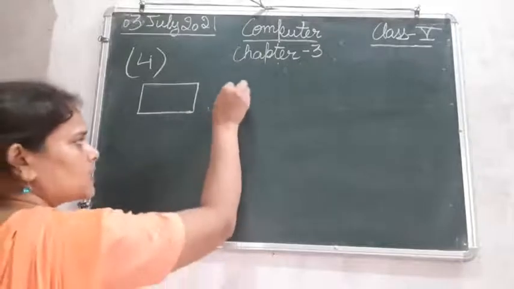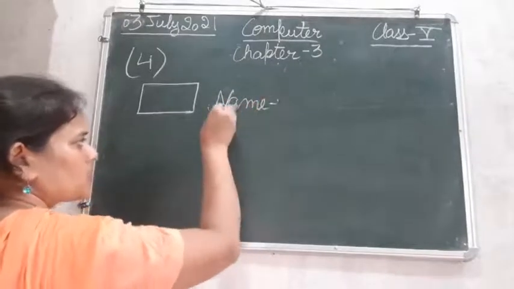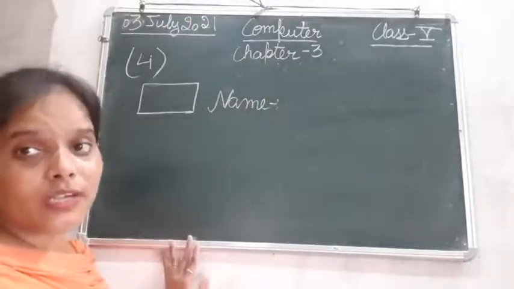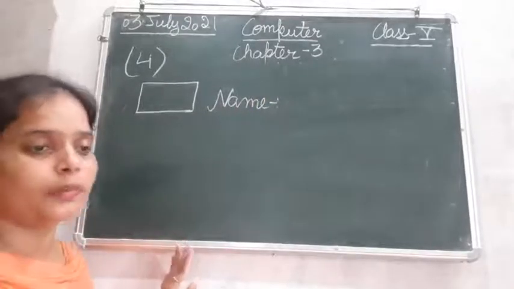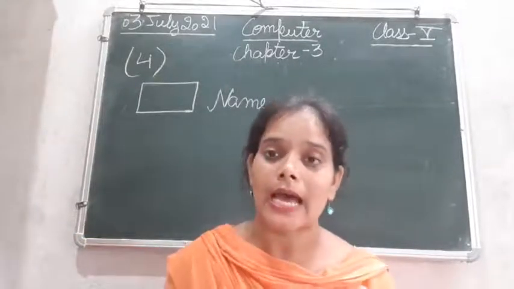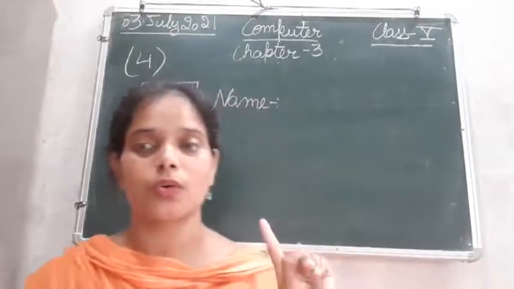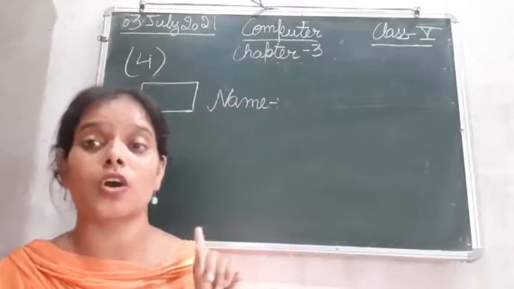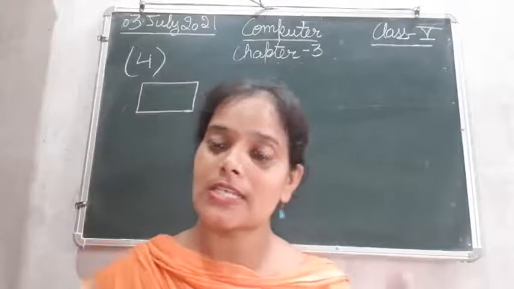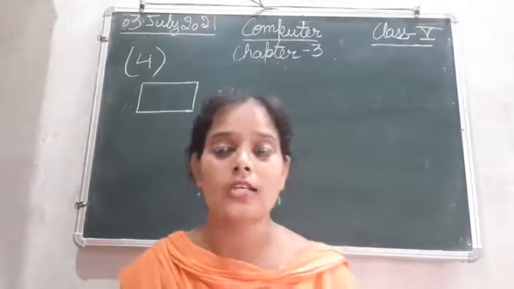So what is the name of this rectangular box? So देखिए, the rectangular box that we use in a flowchart is used as a processing box. Okay, तो ये rectangular processing box हमारा कौन सी shape का होता है? So the processing box is rectangular in shape.